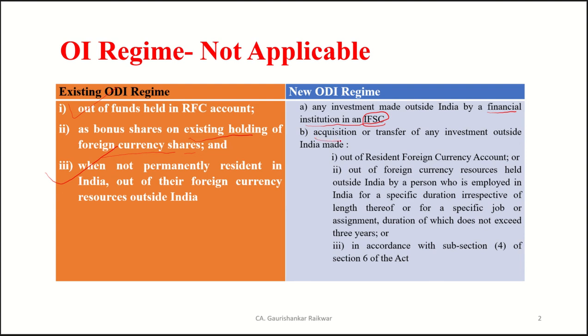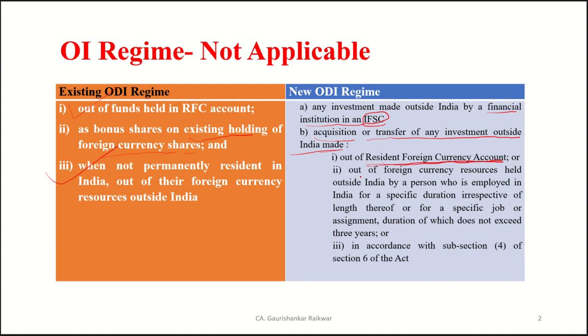Then acquisition or transfer of any investment outside India made out of a resident foreign currency account. The same thing was there in the last regime, the old regime also.